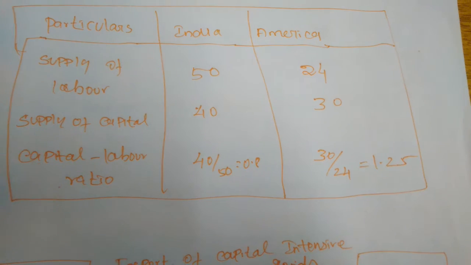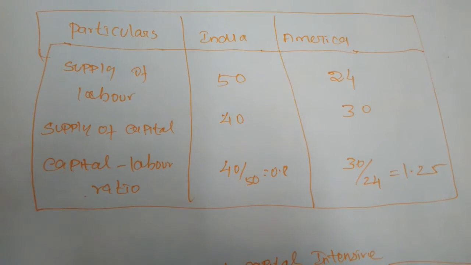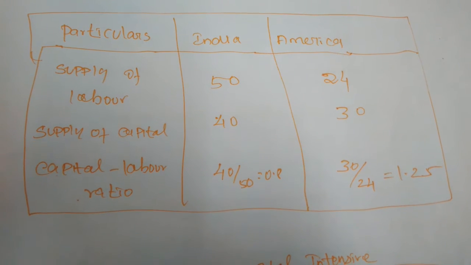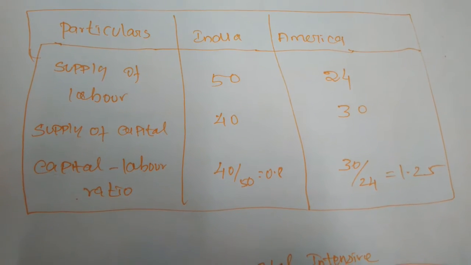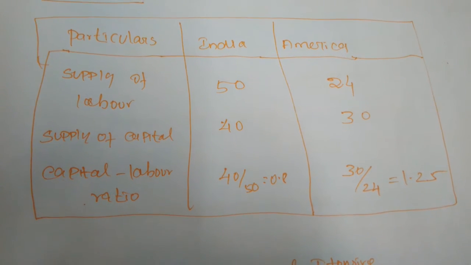In America, the ratio is 1.25. So a country can be regarded as richly endowed with capital only if the ratio of capital to other factors is higher than in other countries.